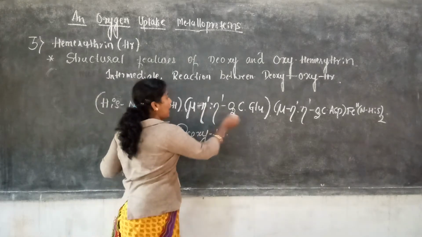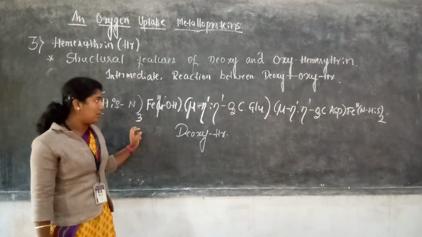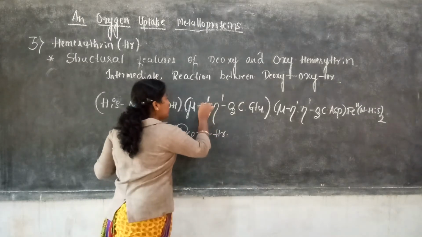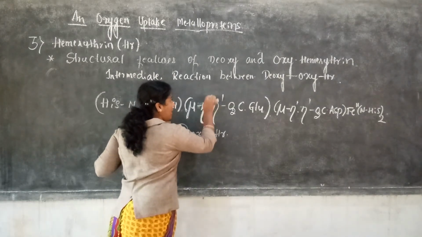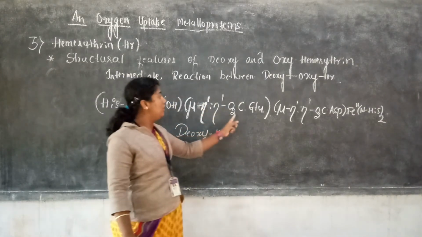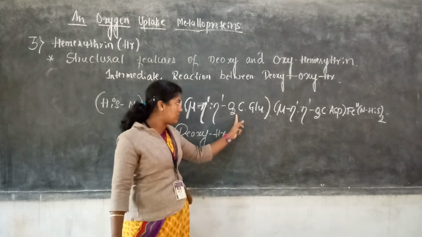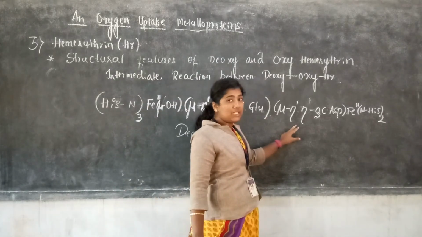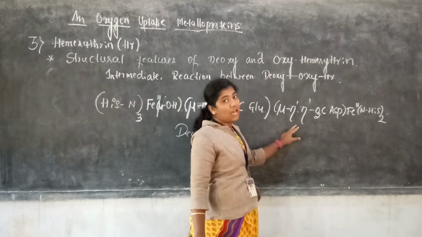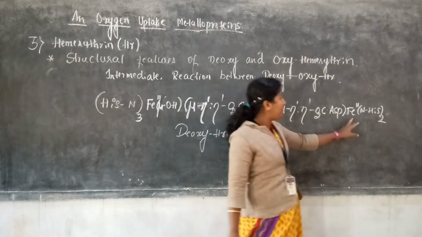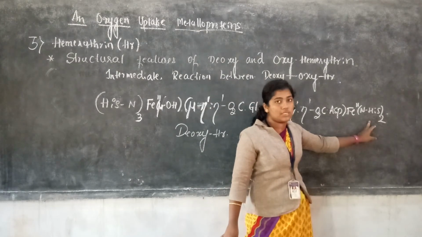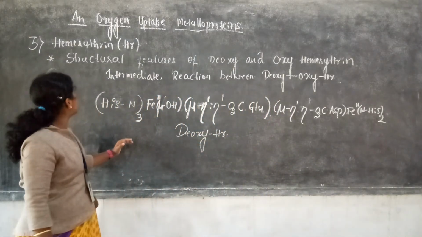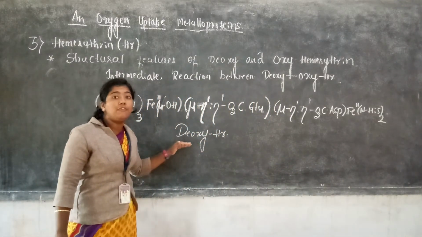Here the carboxylate group shows a hapticity of 1, that's why we write eta1. Eta1-CO2, the glutamate carboxylate group, and the other bridging ligand is the aspartate carboxylate group, then Fe2 and histidine twice. These are the structural representations of the deoxy form of hemerythrin.